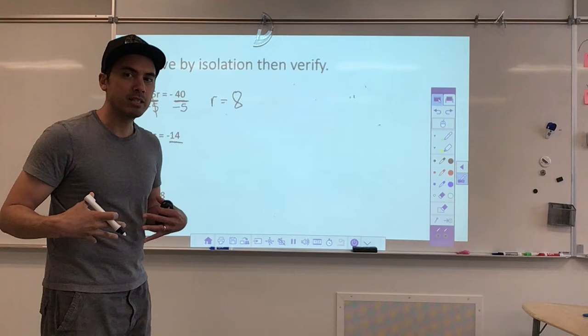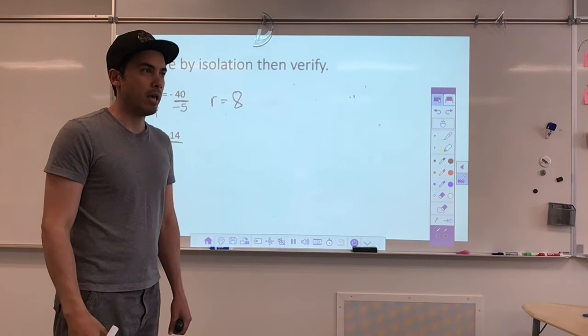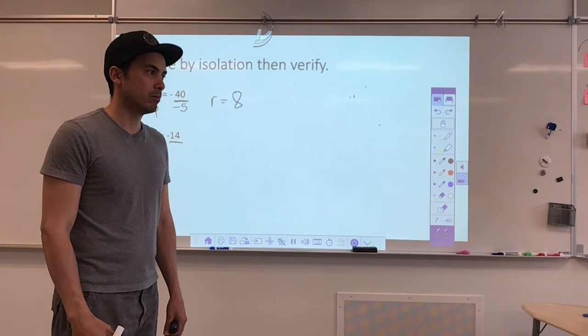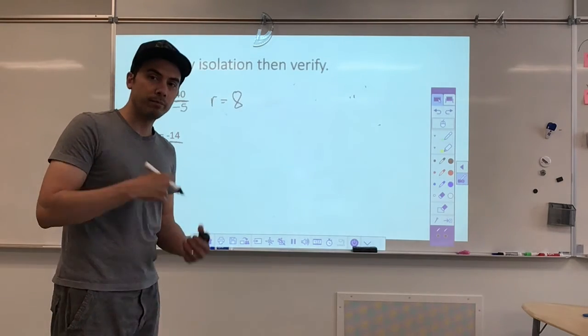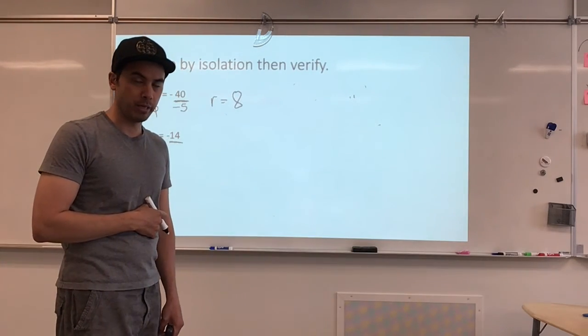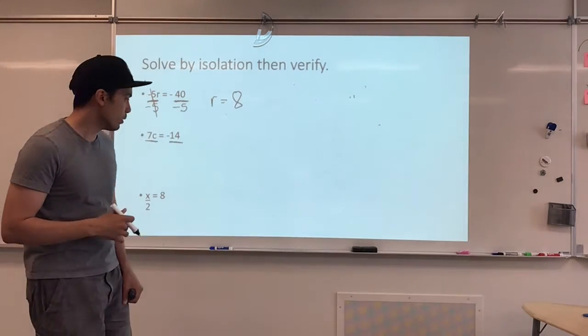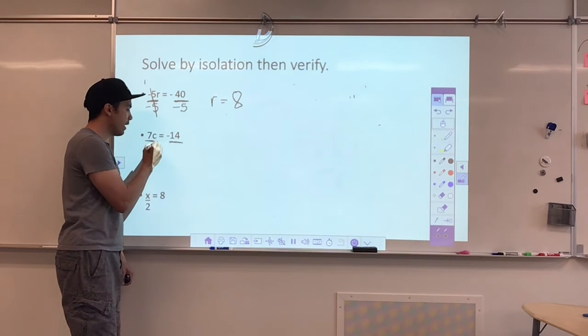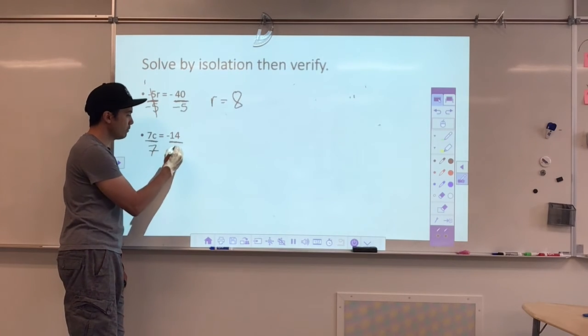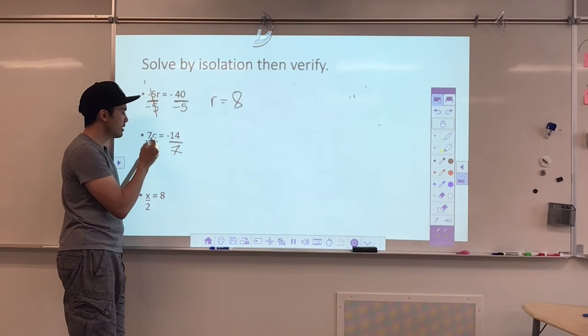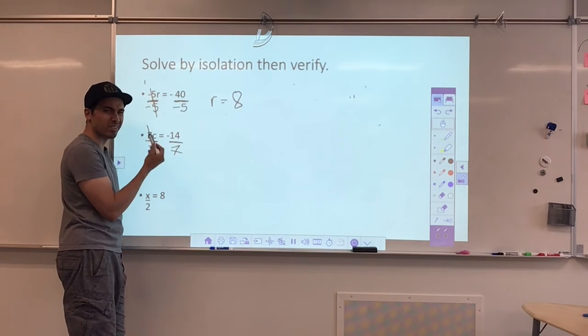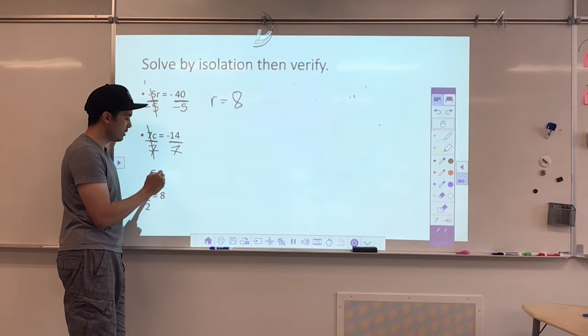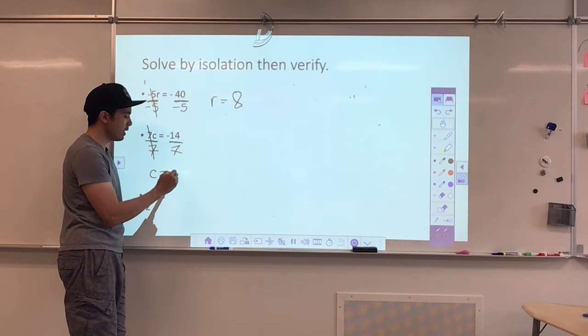It's because I need to keep everything in balance, and hopefully those models earlier helped to explain that. So what I'm doing to one side, I'm doing to the other. So I'm dividing both sides by 7. The reason is 7 divided by 7 just gives me 1, or in other words, they just cancel out. I'm left with c equals negative 2.